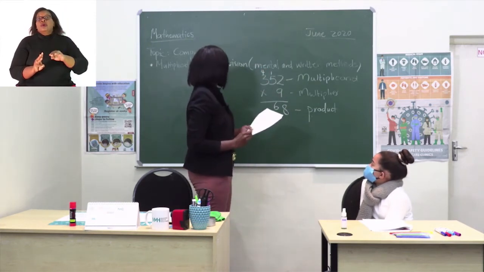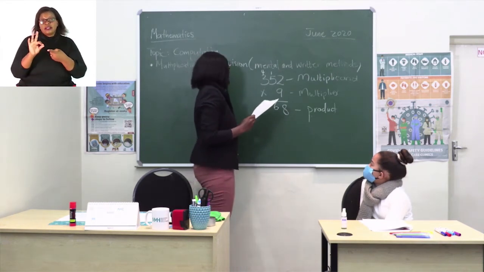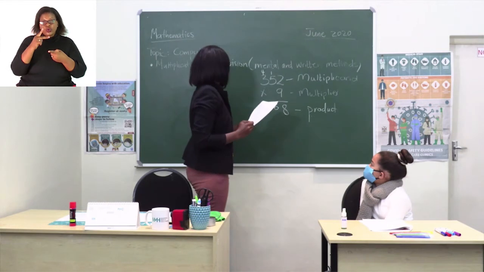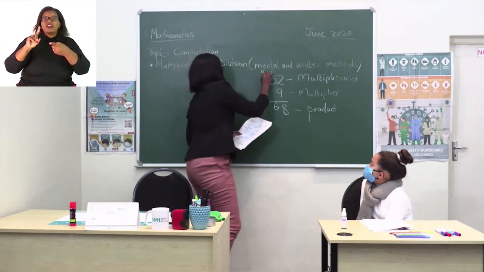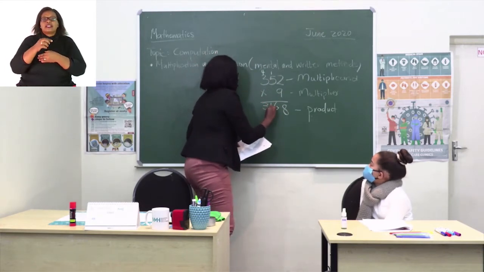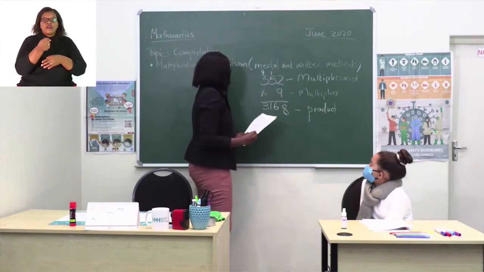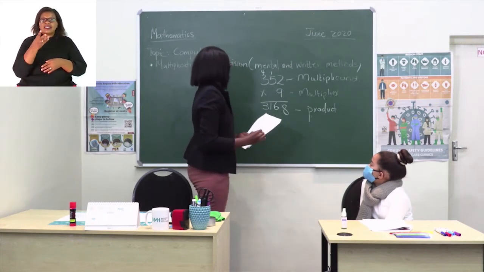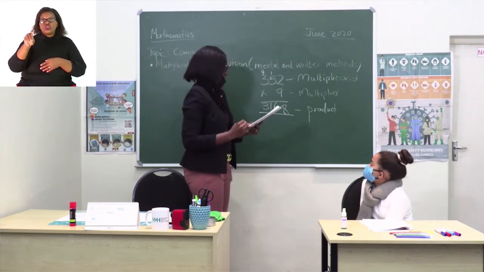The next step, we take 3 times 9, which is 27, plus the 4 we add up here. And then we write the 31 in full. So 3,168, this is our product.